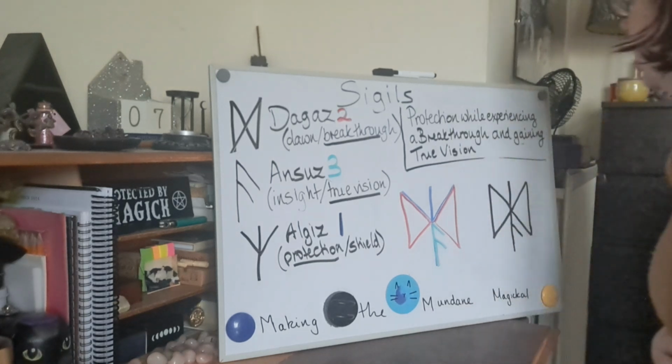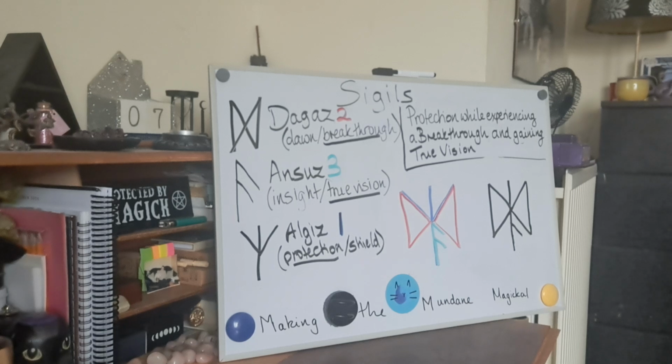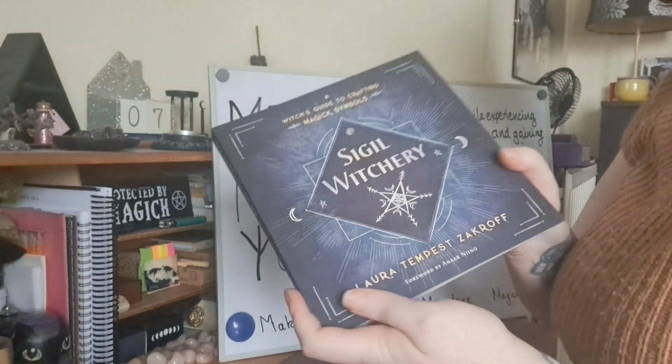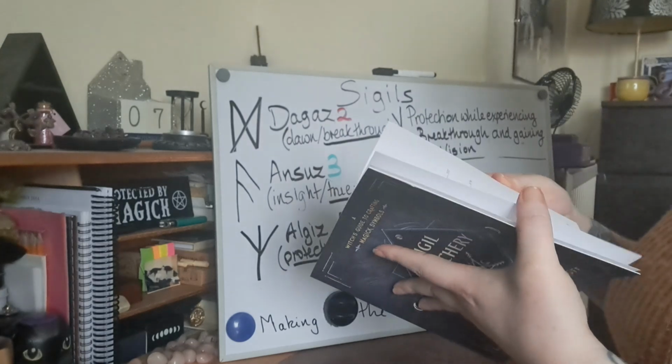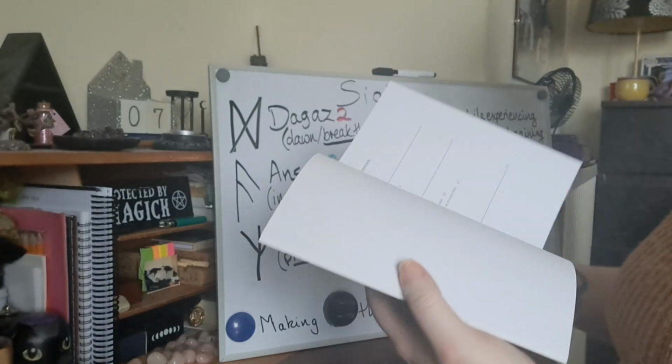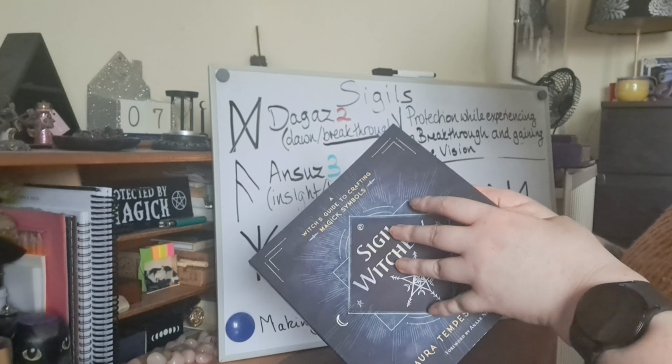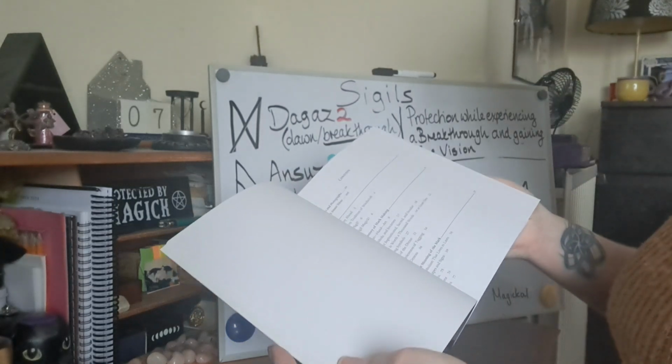I did a workshop a couple of years ago, and I have a book called Sigil Witchery in my lovely collection, and it really is step by step. It's so informative, it's great.